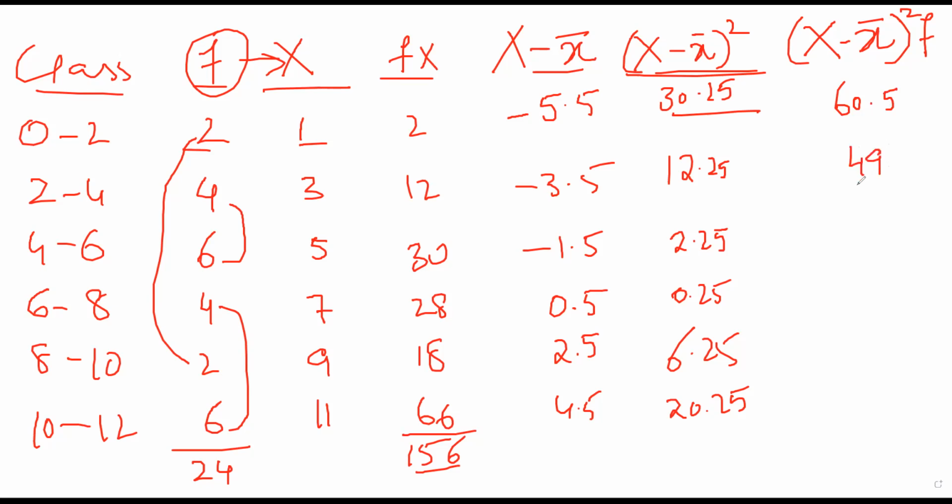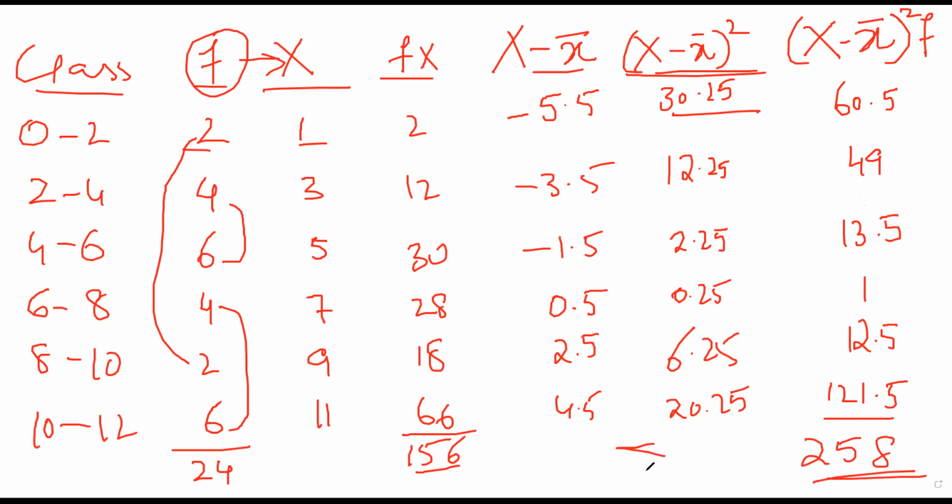This will be sorry, 13.5. This will be 1. This will be 12.5, and this will be 121.5. Okay. Add up all of these, you will get 258. This is your summation of capital X minus small x bar whole square into f.